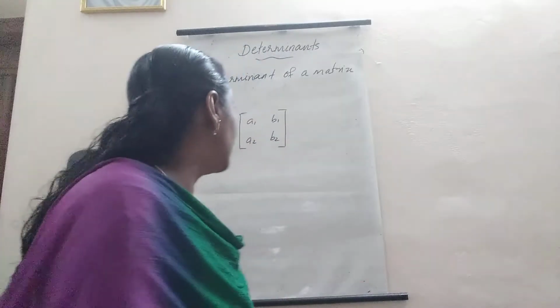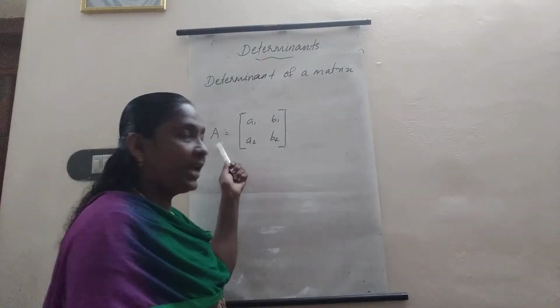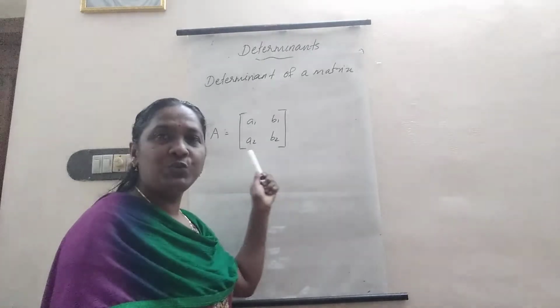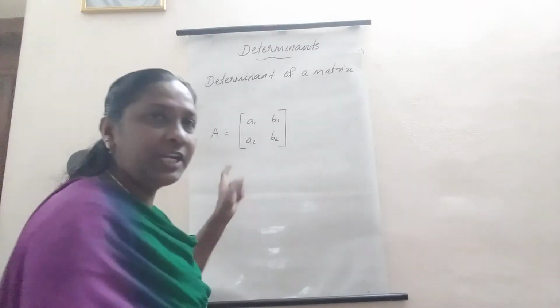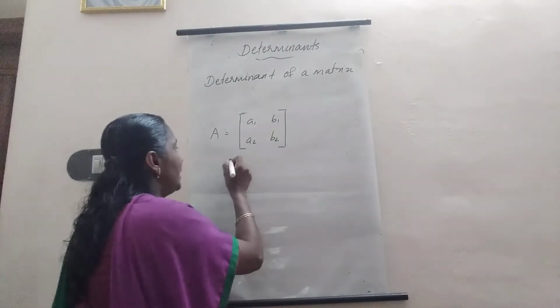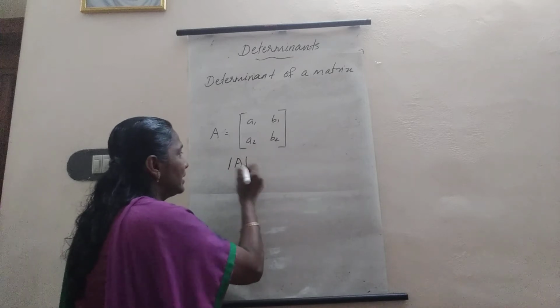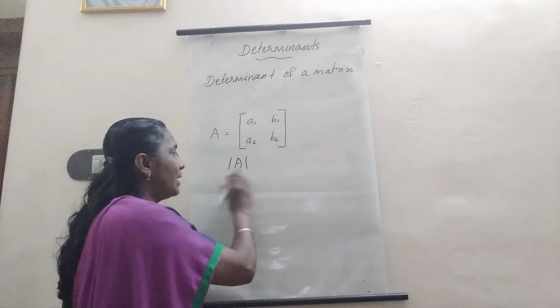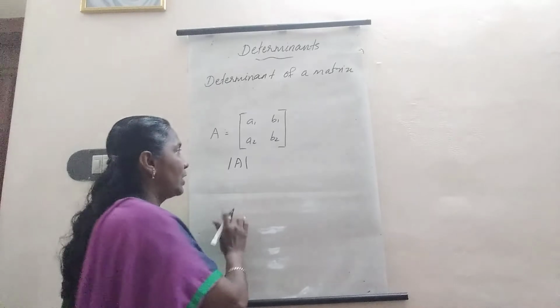Let us consider a matrix A is equal to A1, B1, A2, B2. Then the determinant of this matrix can be expressed with this symbol representing determinant A, not modulus.